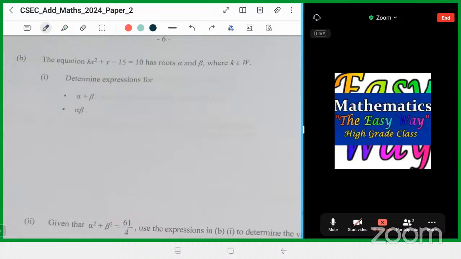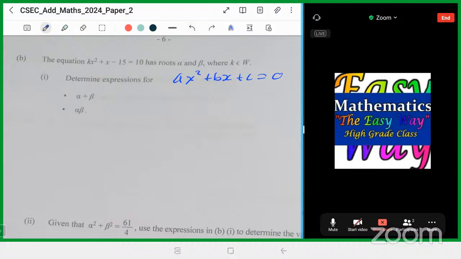For the sum and product of roots, our equation has to be in the standard form, which is ax squared plus bx plus c equals 0. If you do not pick that up, we have problems.